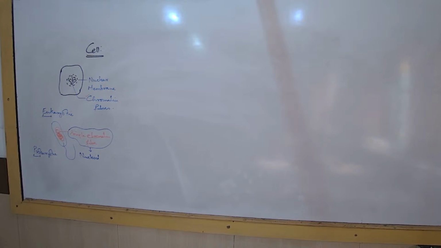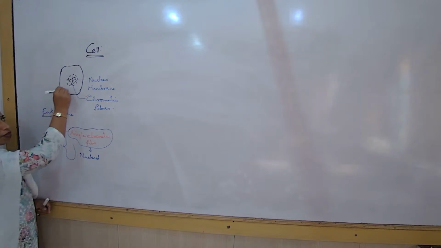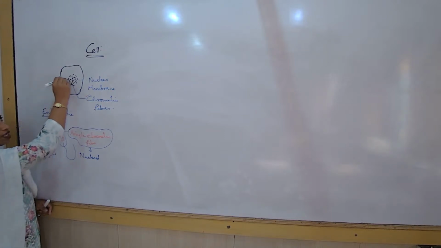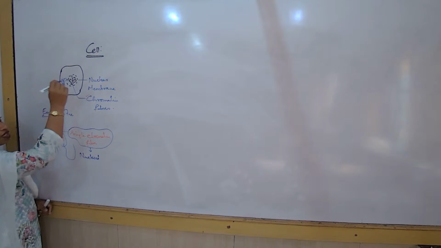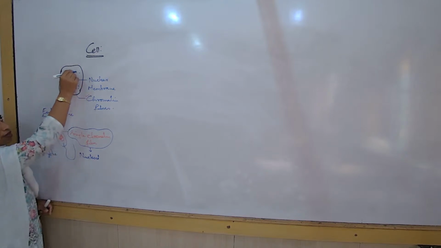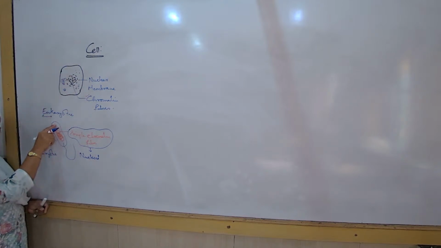Another point we discussed the other day was about cell organelles. What are cell organelles? Parts of the cell which perform many functions. If I draw, there is one type of cell organelle, another type, and something more. But can I draw the same structures here?